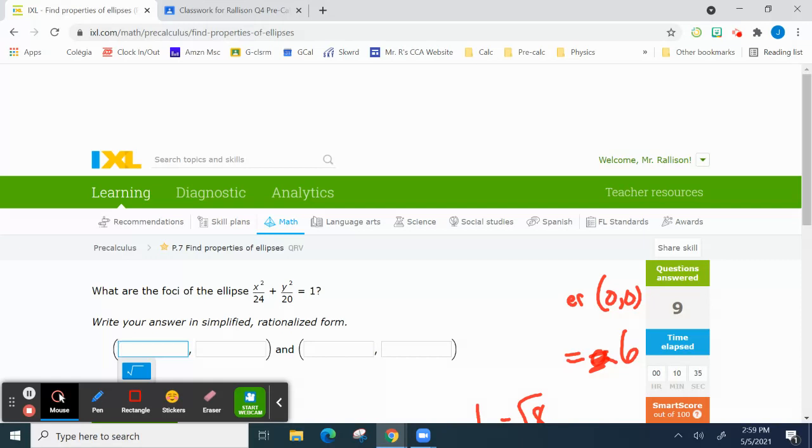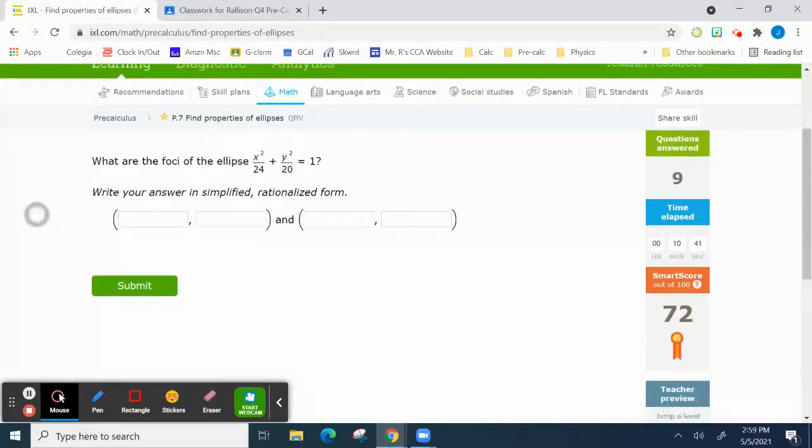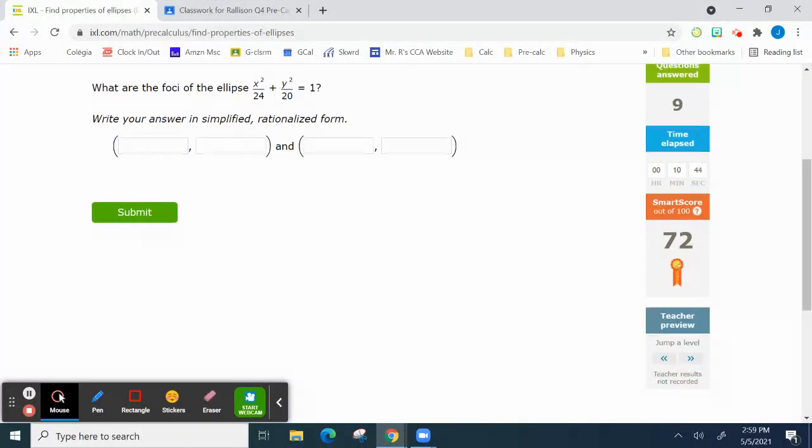All right, now we've got to find the foci. Honestly, if you get all these right, you've practically mastered everything you need for all three of these exercises. Okay, so the foci. The major axis on this is going to be the x-axis, right?